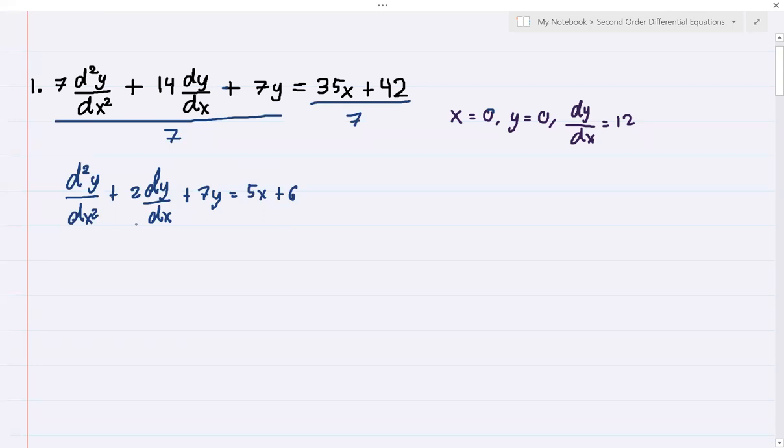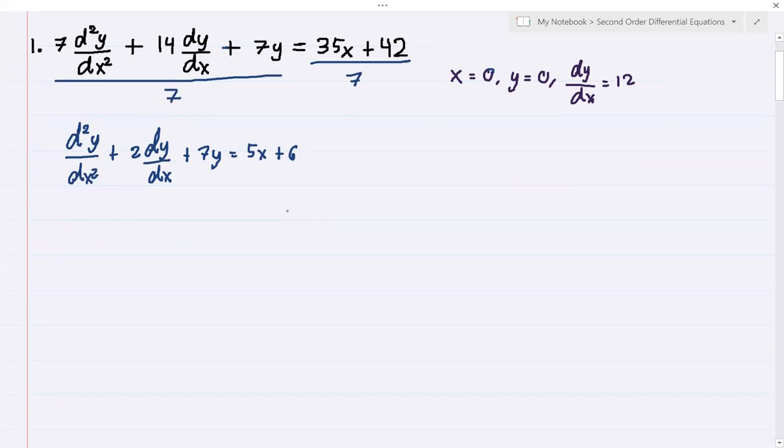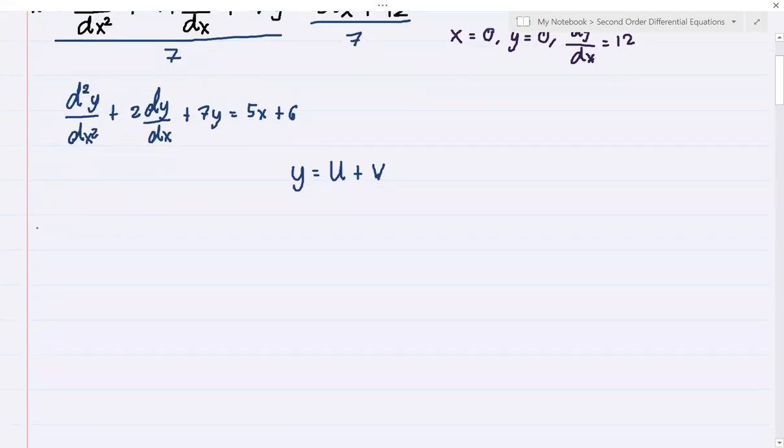Now we can start solving. Remember that if your second order differential equation is non-homogeneous, your general solution would be y is equal to u plus v. So you have two functions, your u and your v, and we're going to find them both. First, let's start with your u function.